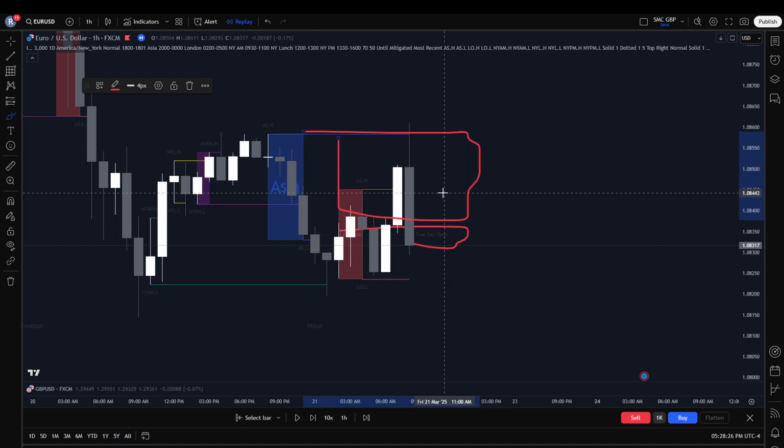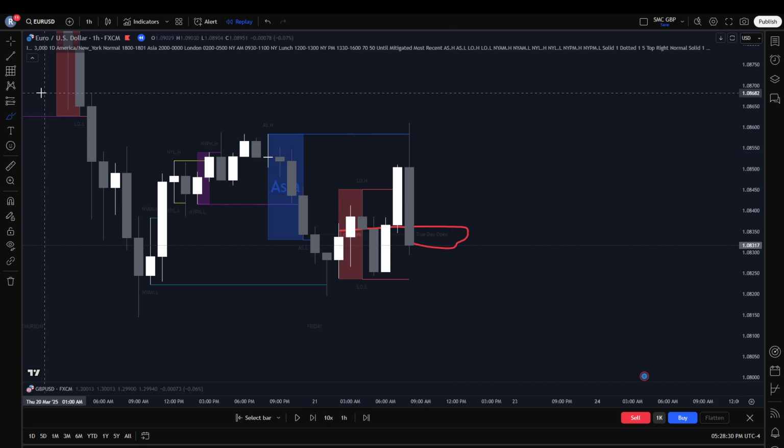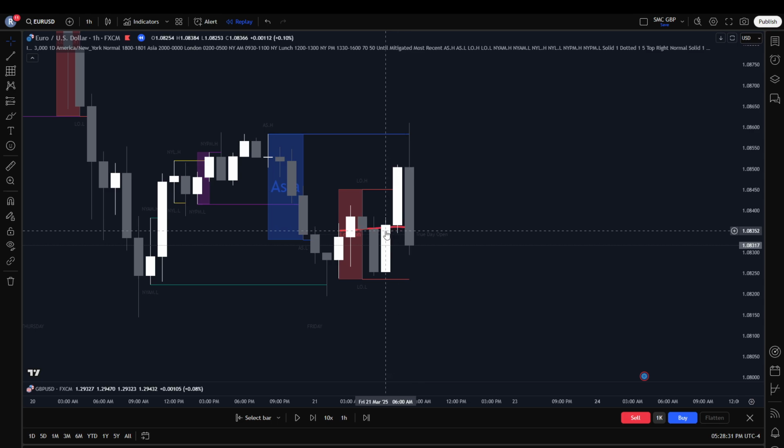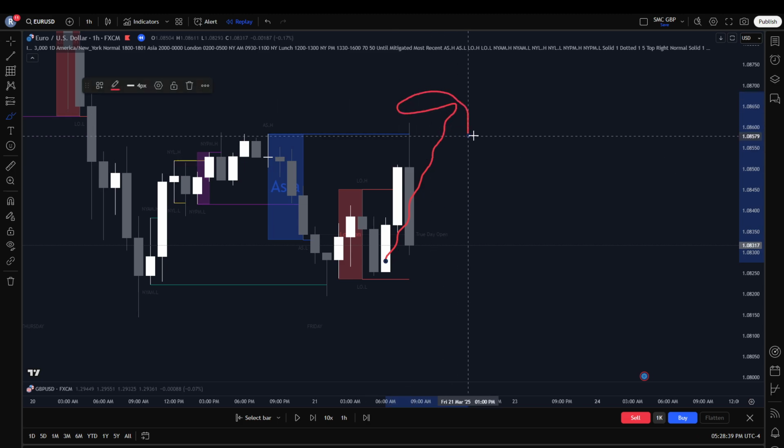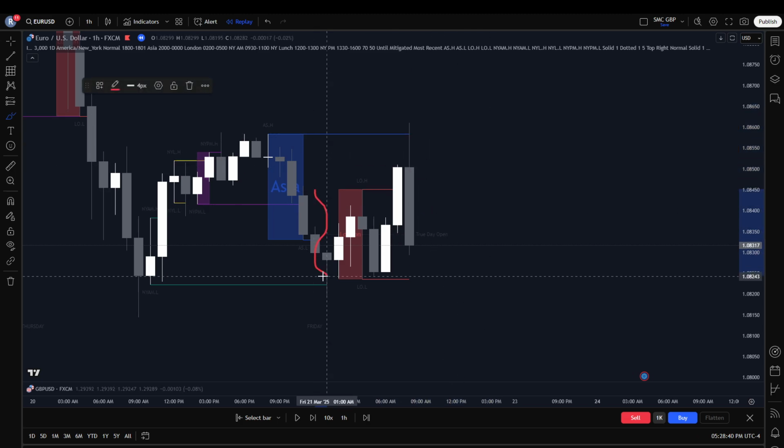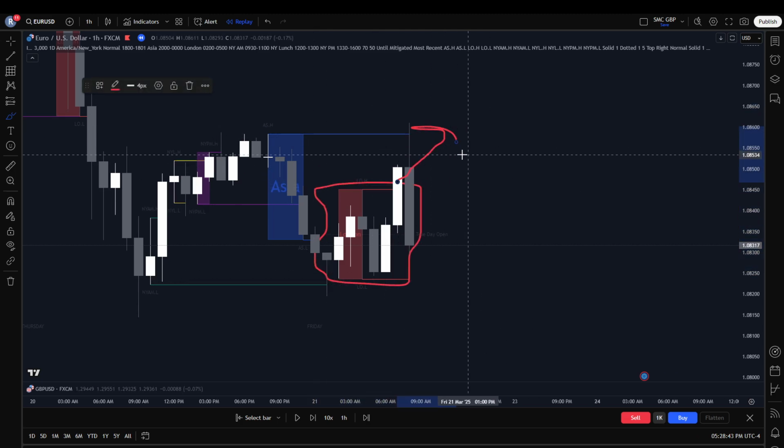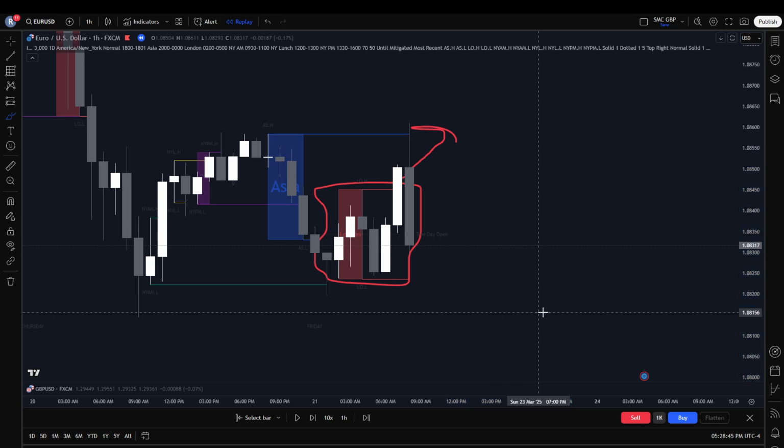Okay, and I talked about this more in depth in my time and price video, so you might want to check that out after this video. But I notice we're trading above the true day open, and we haven't had a manipulation beneath here for a big distribution move higher. I'm thinking this is accumulation for the manipulation to catch the distribution.